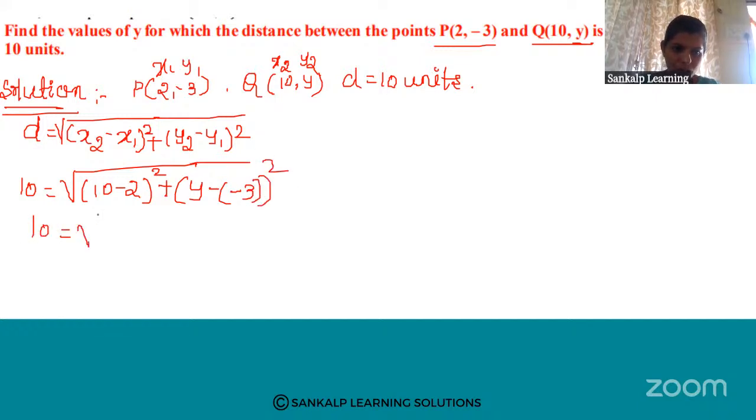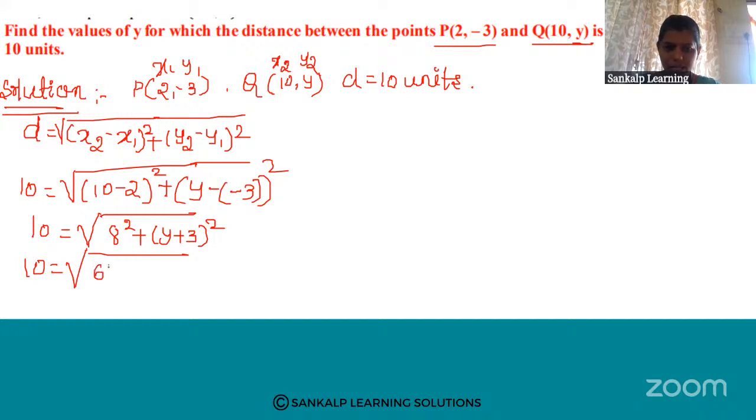So 10 is equal to square root of (10 minus 2) is 8 square plus (y minus into minus it is plus 3) whole square. So 10 is equal to square root of 64 plus (y plus 3) bracket square.